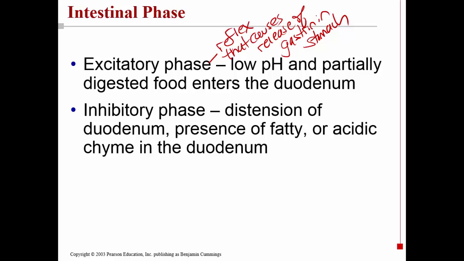So it can only handle a little bit of chyme from the stomach at a time. And if the chyme, which contains the partially digested food, is not broken down enough by the stomach, the intestine is going to release a hormone. And the hormone that it releases is called intestinal gastrin.